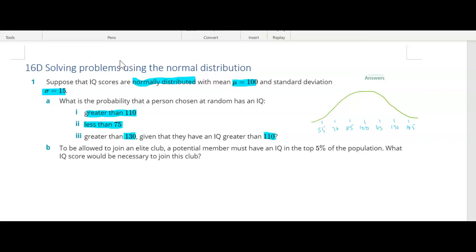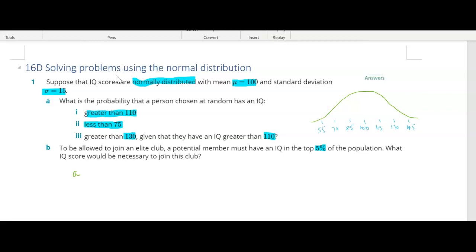Question B, to be allowed to join an elite club, a potential member must have an IQ in the top 5% of the population. So again, we can't use the 68, 95, 99.7% rule that we covered in 16B, we're going to have to use the calculator. All right, let's make a start.